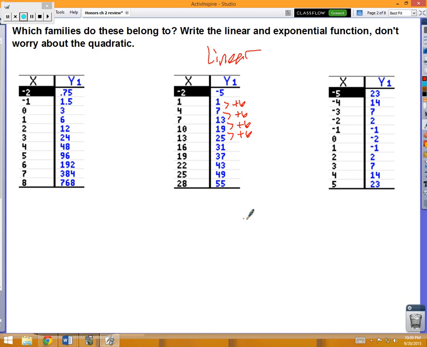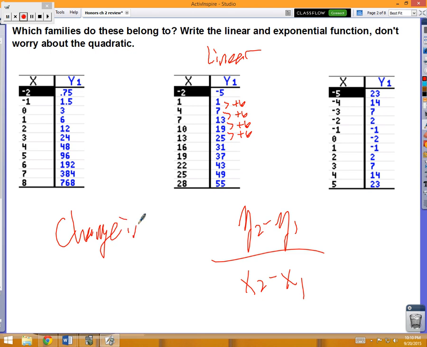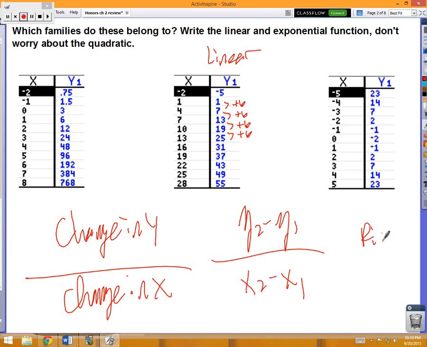Do you remember this formula? y sub 2 minus y sub 1 divided by x sub 2 minus x sub 1. That's really the same thing as saying the change in y over the change in x, or rise over run. These are all the same thing. They are all slope.